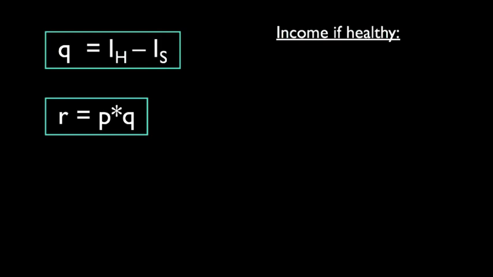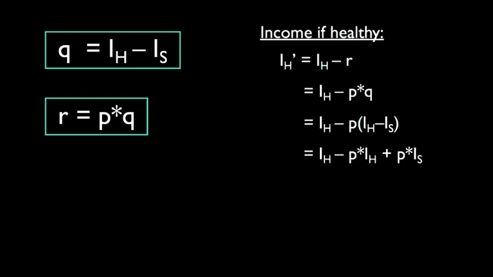If they stayed healthy and had this insurance contract, again, their income when they're healthy and insured would be IH minus R. And we said R was equal to P times Q. So in the place of R, we can just plug in P times Q. We said that Q was equal to IH minus IS. So in place of Q, we can simply plug in IH minus IS.